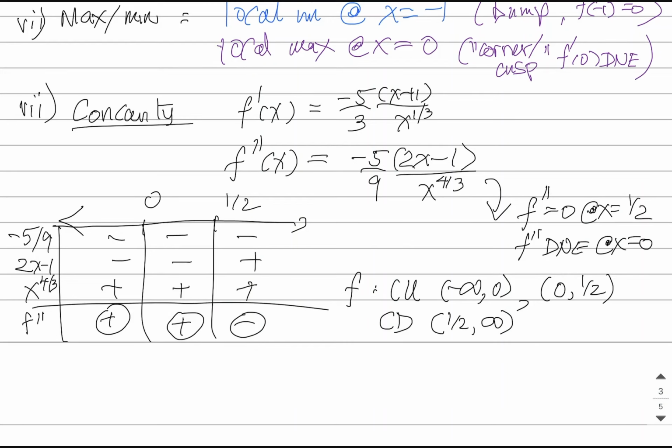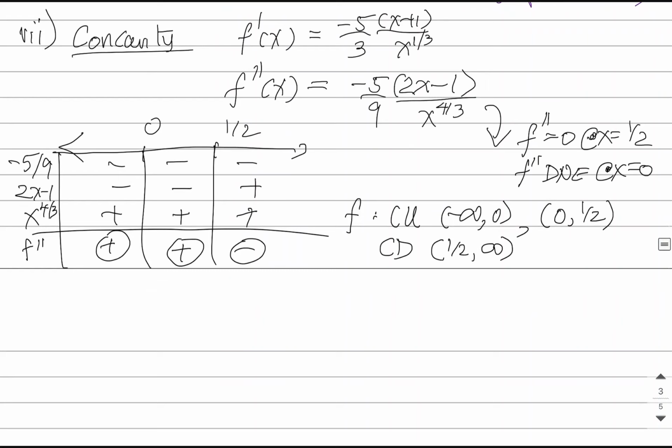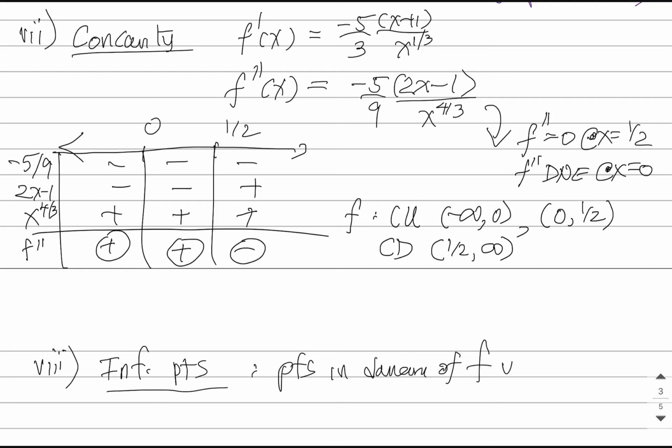And then the final thing that we are going to look for is just an easy result that comes about from our table here: inflection points. These are points in the domain of f where the second derivative changes sign. It's not just a point where the second derivative is 0.